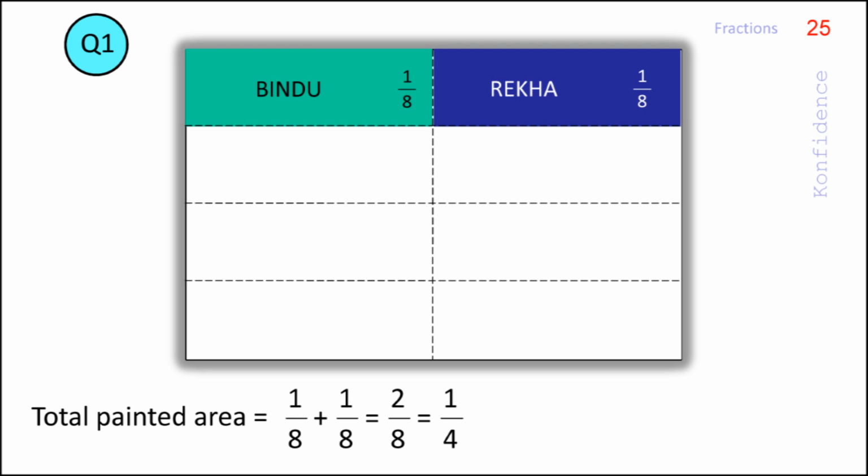We can see that the total painted area is 1 by 8 plus 1 by 8, which is 1 plus 1 by 8, or 2 by 8, which is 1 by 4. You can observe from the figure that 2 by 8 is nothing but 1 by 4. That is, 2 parts of 8 is the same as 1 part out of 4.